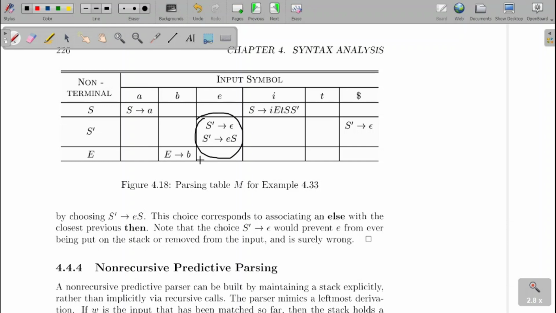In recursive descent parsing, we used recursion to go for the parsing. In non-recursive predictive parsing, in place of that recursion, we use this parsing table to make the predictive parsing.